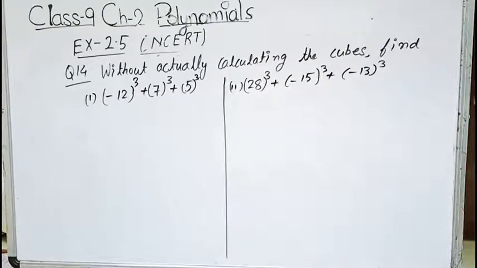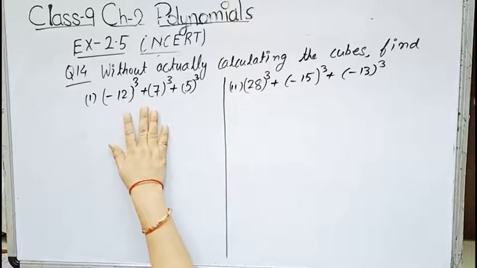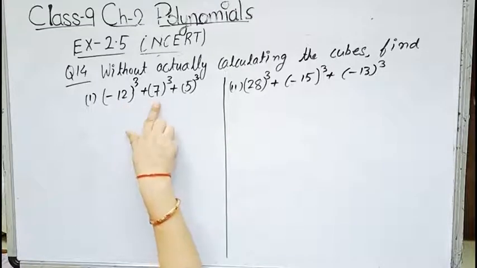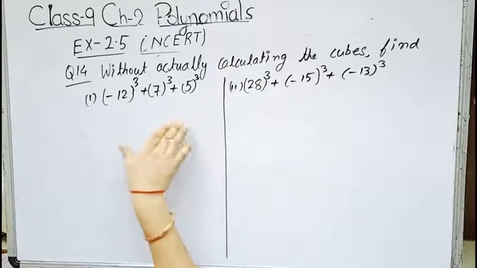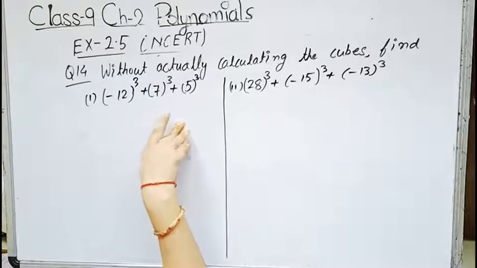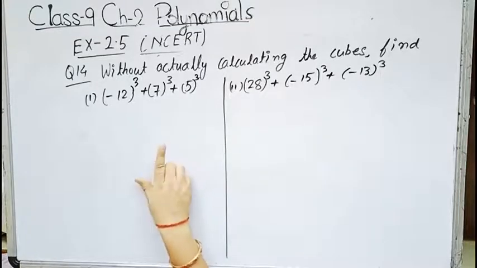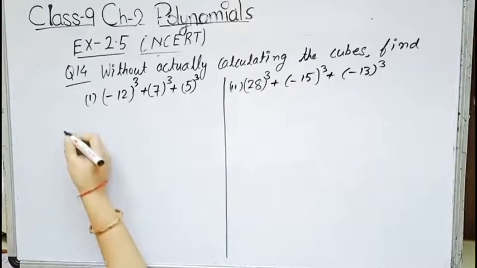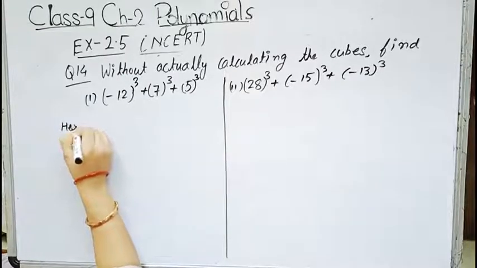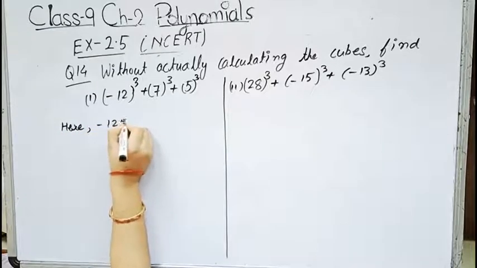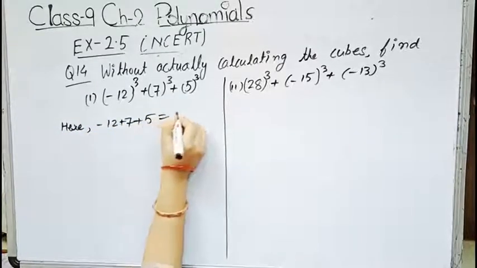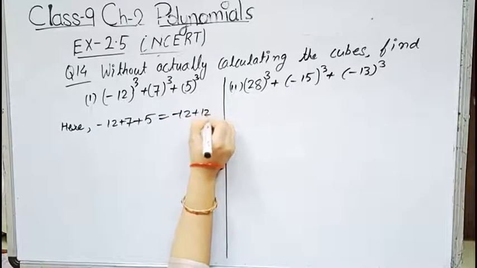Question number 14 is saying that without actually calculating, find the value of these cubes. Over here it is minus 12 cube plus 7 cube plus 5 cube. Children, you can observe that minus 12 plus 7 plus 5 is 0. And we have the formula a cube plus b cube plus c cube equals 3abc if a plus b plus c is 0. So we can write minus 12 plus 7 plus 5 equals minus 12 plus 12 equals 0.